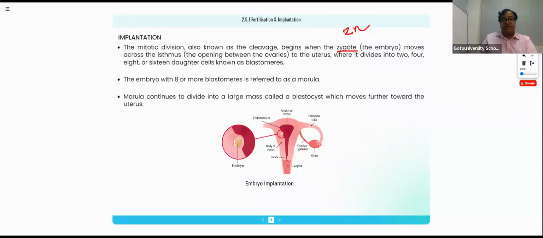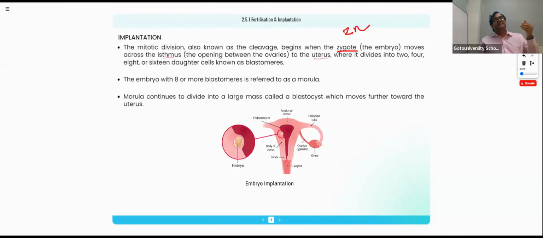various organs, right? This does not happen in the fallopian tube. So the zygote needs to reach the uterus through what? Through the fallopian tube. From which part of the fallopian tube? The isthmus junction. It is like I'm moving from Dubai to Oman: in which road am I traveling, how long am I traveling, and what for am I traveling?